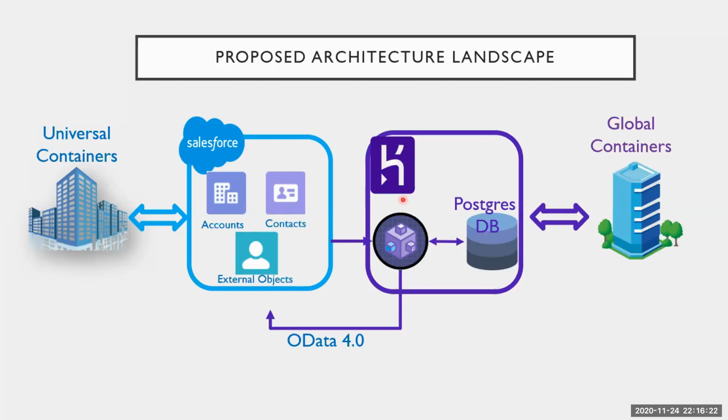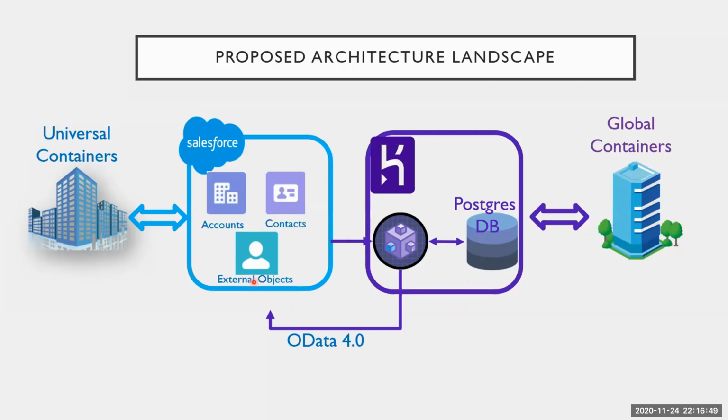Now step two, we have to bring all of Global Containers' accounts into Salesforce. Here we have the option of an external object. We'll connect using OData and all the accounts from the Postgres database will be virtually available in Salesforce. These accounts are available in read-only mode.